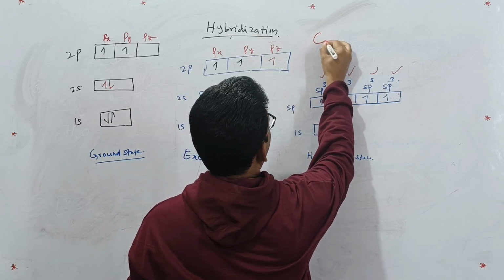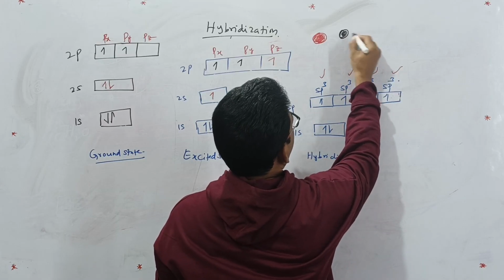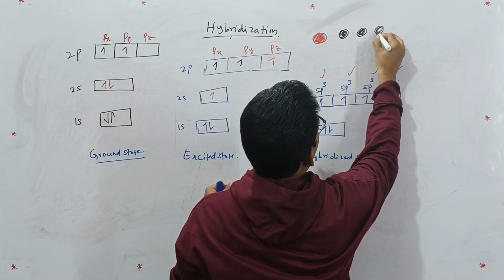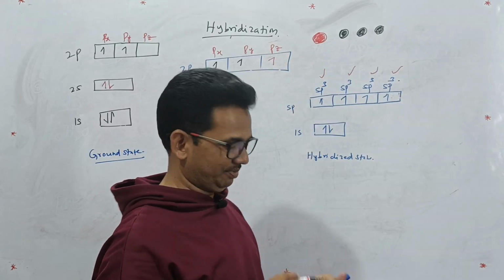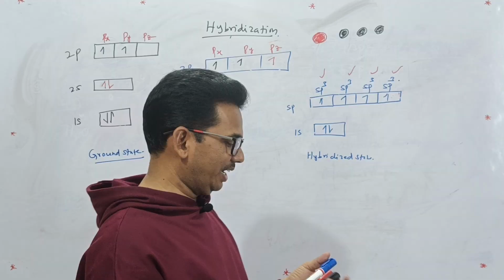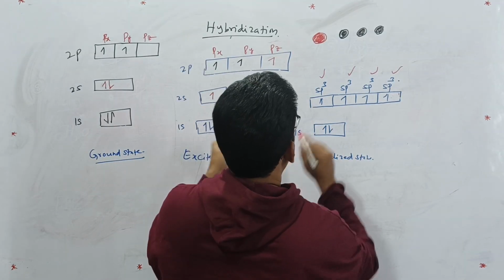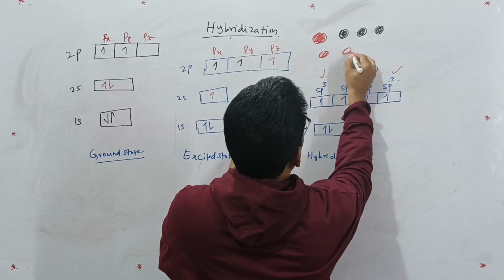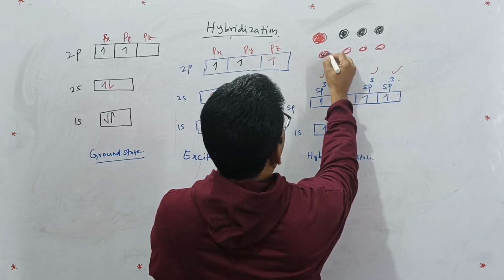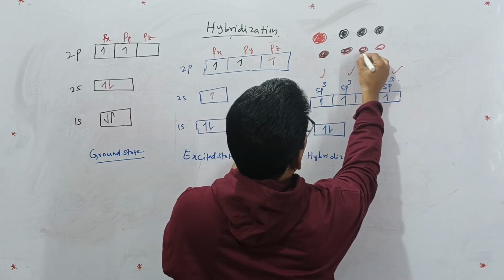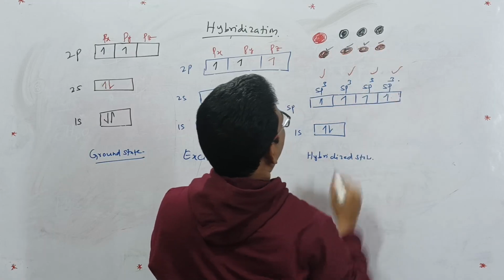This is the s. This is the p, p, p. This is the vanilla flavor, and you might think of chocolate flavor. After hybridization, what happened? All of them mix together.